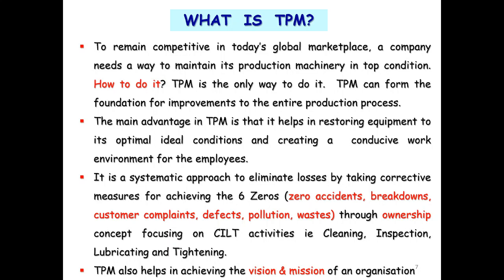It teaches us how to restore the equipment to the optimal and ideal conditions and create a conducive work environment for the employees. It also enlightens us how to achieve the 6 zeros, that is zero accident, zero breakdown, zero customer complaint, zero defect, zero pollution and zero waste. TPM is also a tool to achieve the vision and mission of an organization.